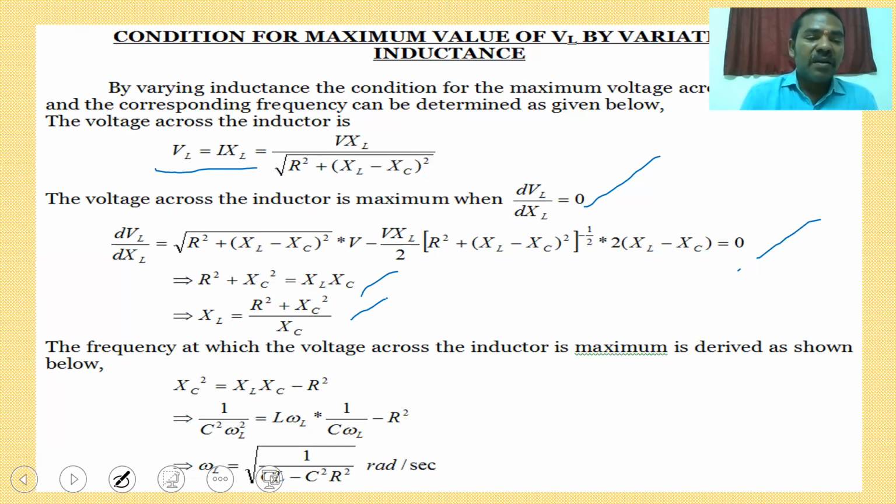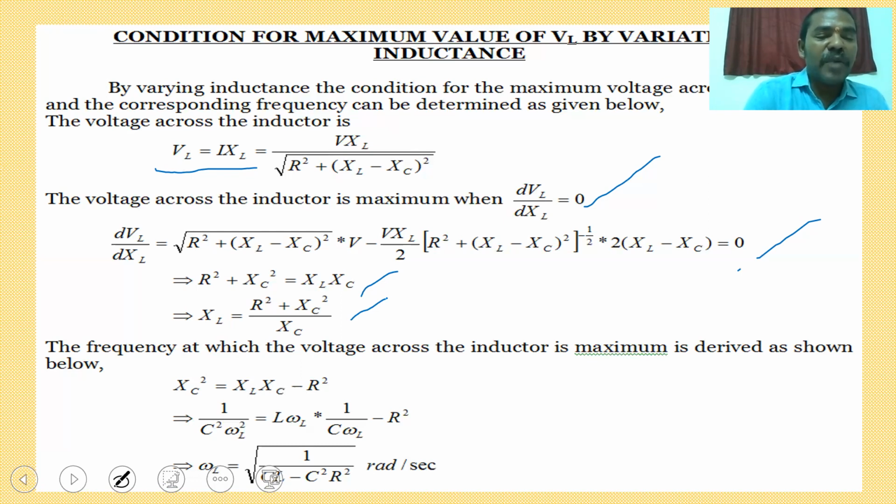So for the voltage drop across the inductor to be maximum, we get the condition XC square is equal to XL XC minus R square. Then what is XC? XC is 1 by C omega.